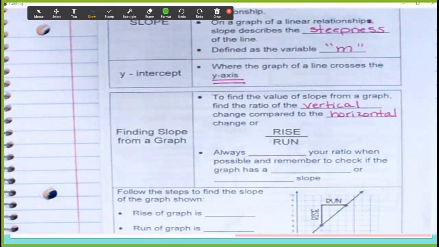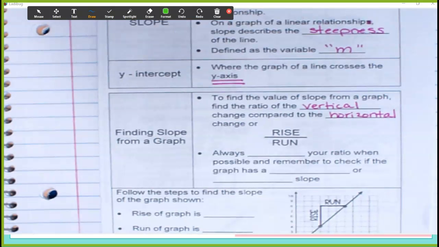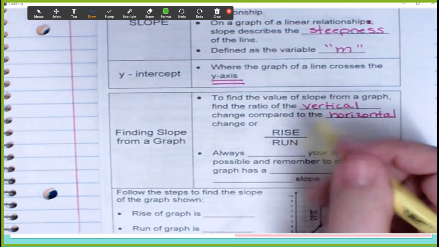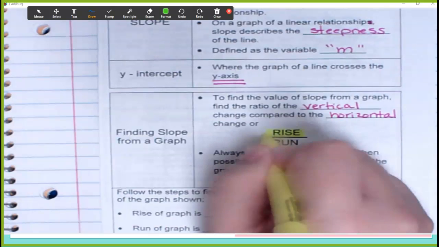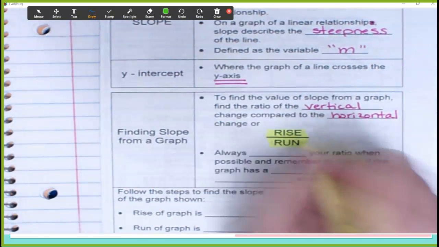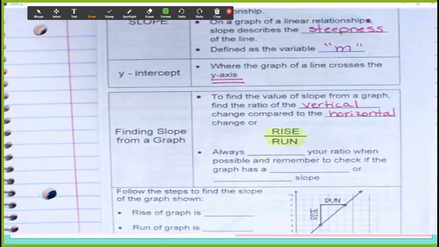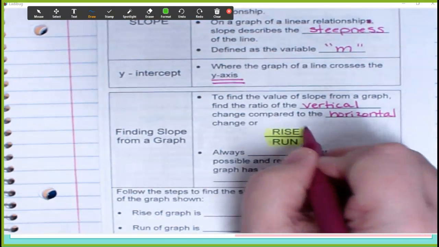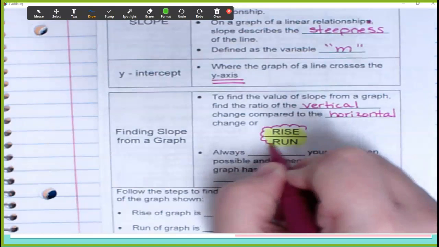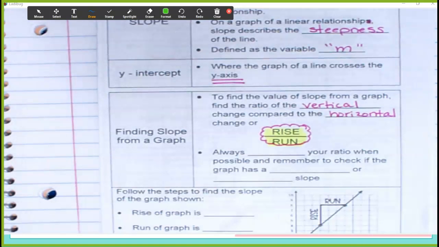And in terms of slope, we call that comparison of the change rise over run. We need to know that rise over run. It's super important. Rise first, then run. I'm going to even put a little bubble around it because I know it's super important. Everybody say rise over run. Say it again. Rise over run. All right.